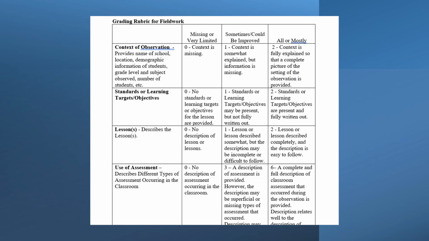Here you can see the grading work for the fieldwork. So you can see I'm going to grade it based on whether you fully describe the context of the observation, and there's a checklist there that you can see: the name of the school, the location, demographic information, etc. Whether you included a standard or a learning target or objective, whether you sufficiently described the lesson, whether you described lots of different forms of assessment.